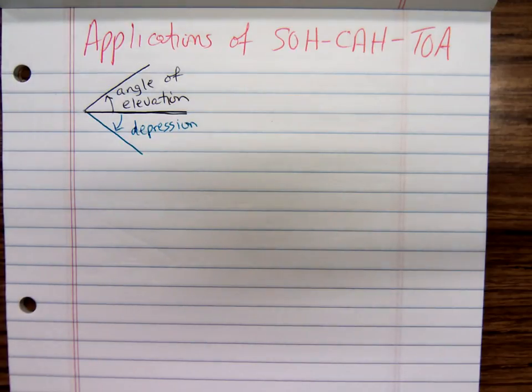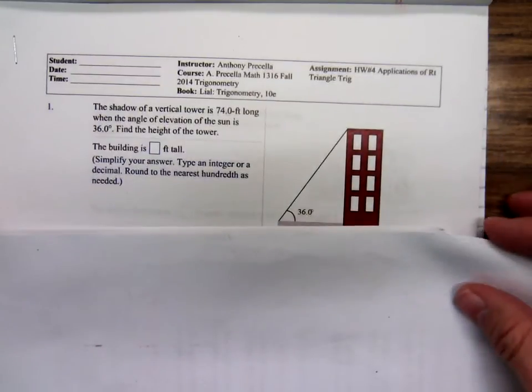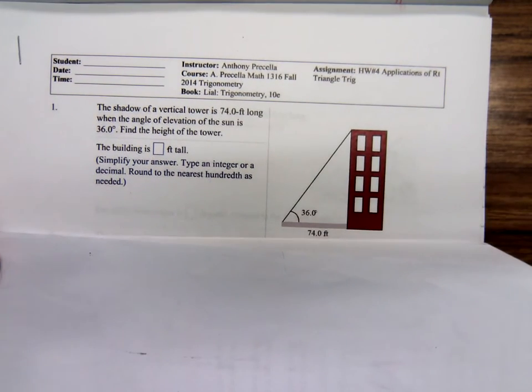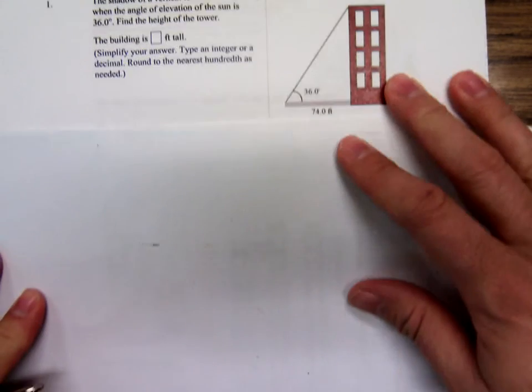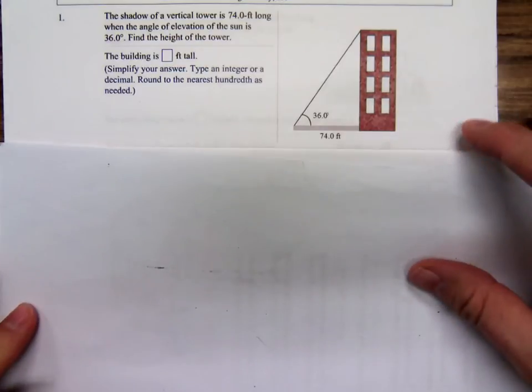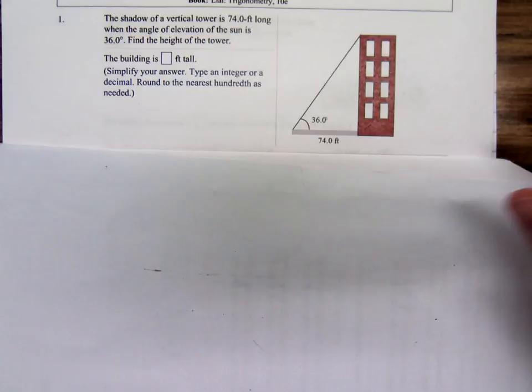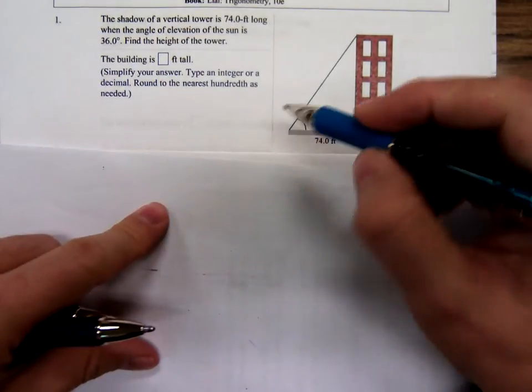mathematics, as we do an example. Problem number 1 says, the shadow of a vertical tower is 74 feet long when the angle of elevation of the sun is 36 degrees.